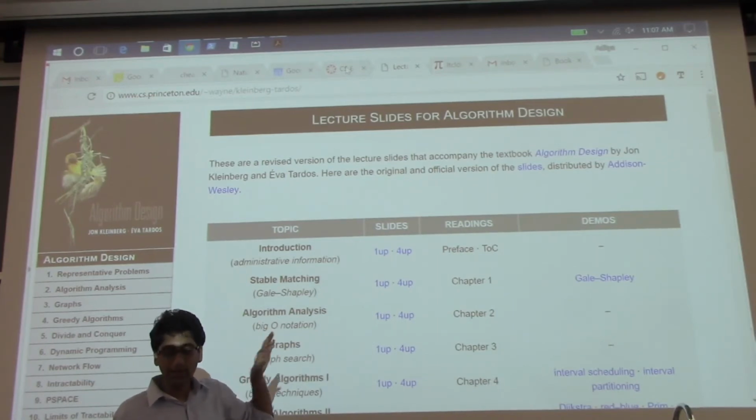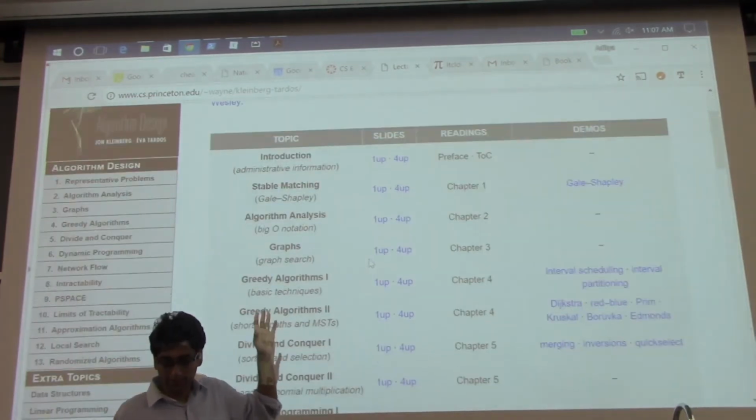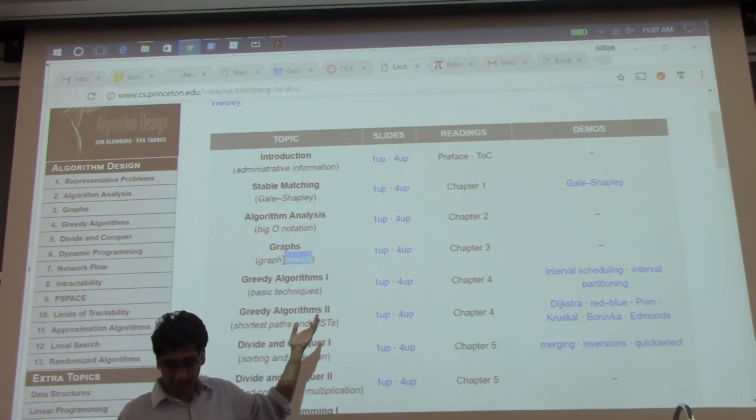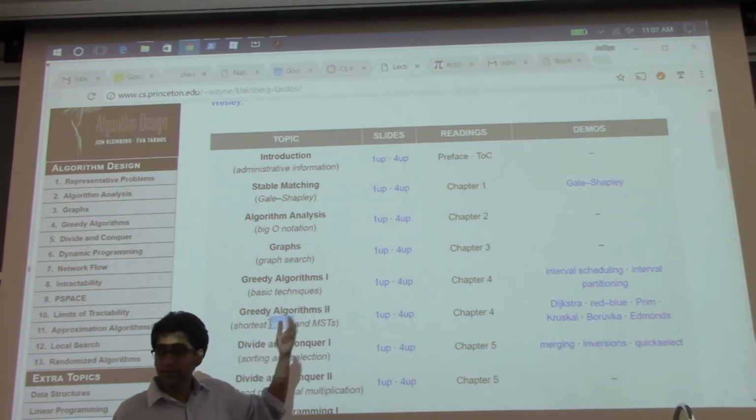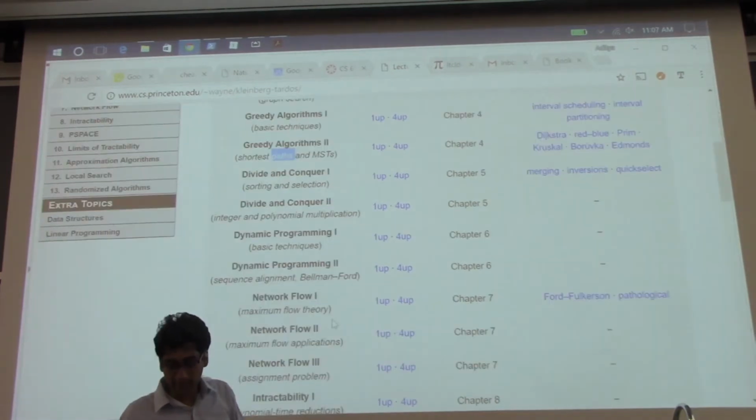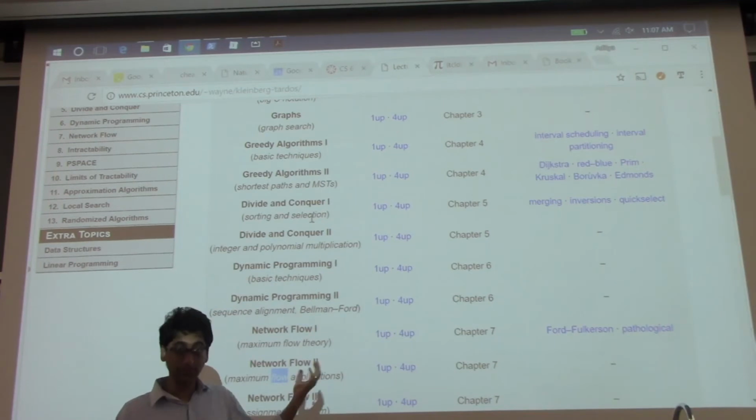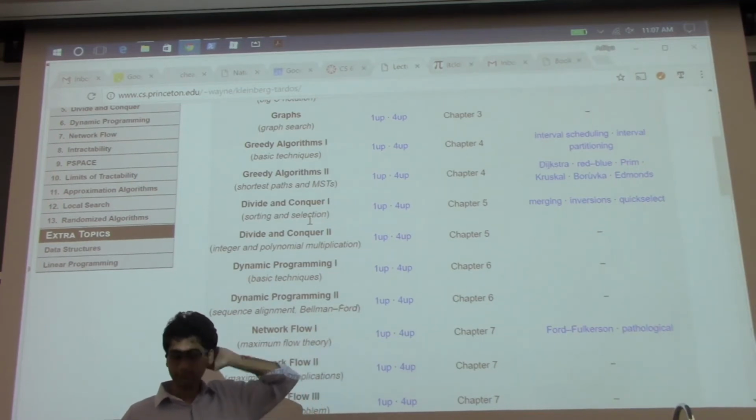If you think you don't know much about some basics like graph search, big O notation, shortest paths, etc., then these are good slides to look at. Some of these we will actually cover, like flows and so forth. But the first 5-6 chapters are something you should be familiar with.